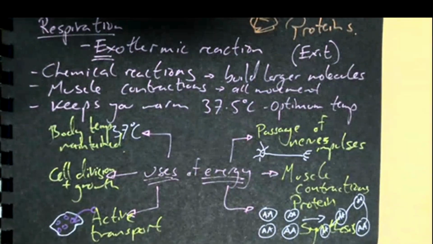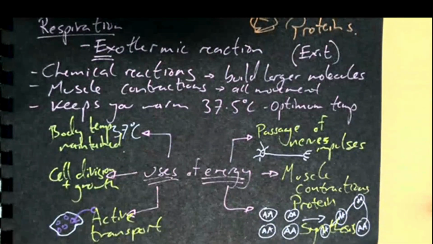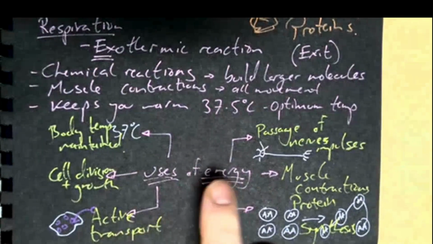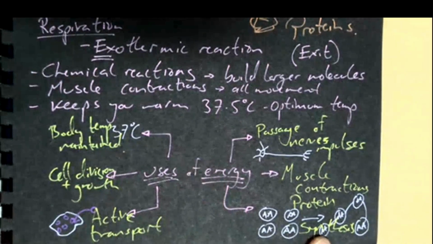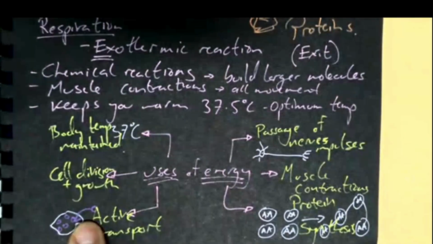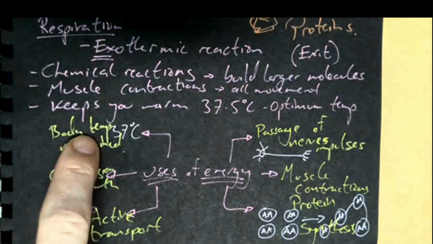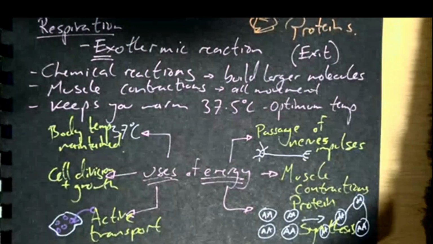We're going to learn how we're going to make the energy, but we now know that we're going to take on some glucose, we're going to react it, and we're going to make some products. And one of the products is the energy itself, and those little packets of energy are used for protein synthesis, muscle contractions, nerve impulses, active transport, cell division and growth, and maintaining your body temperature.